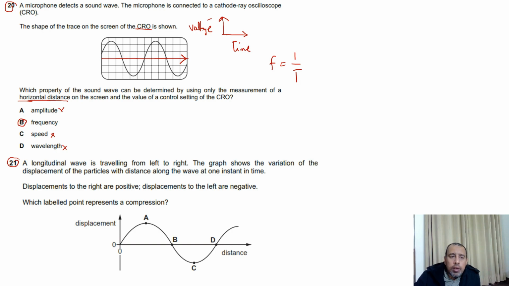A longitudinal wave is traveling from left to right. The graph shows the variation of the displacement of the particle with the distance along the wave at one instant in time. It means displacements to the right are positive. This is positive, means right.